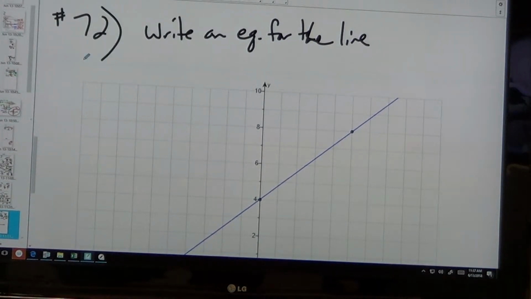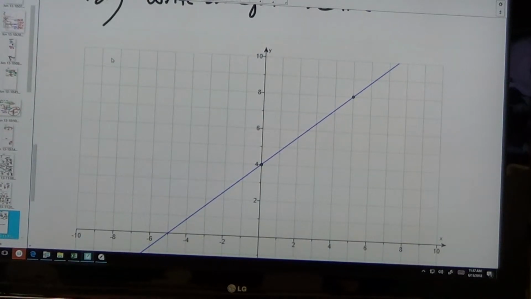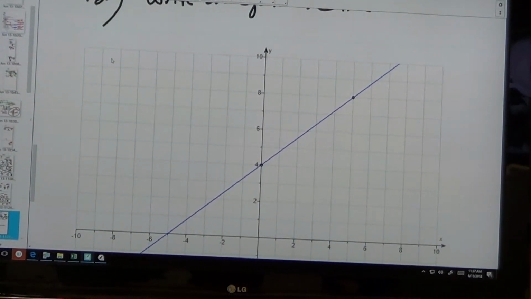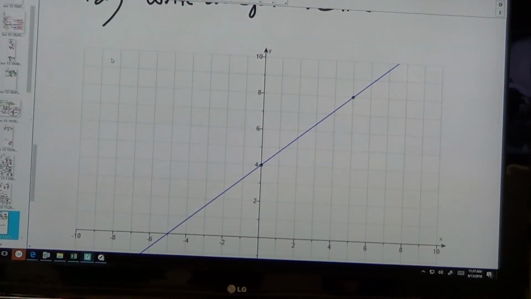All right, don't say anything out loud yet. Write an equation for the line.